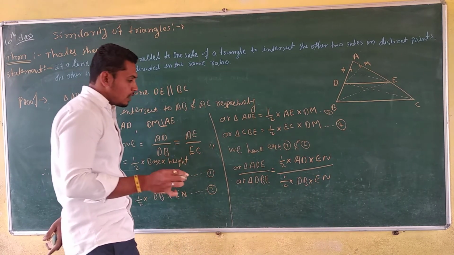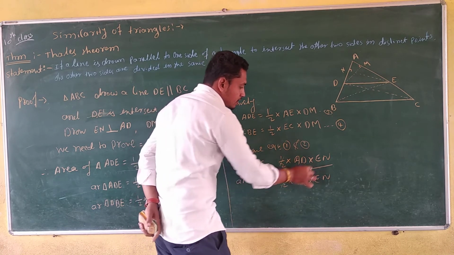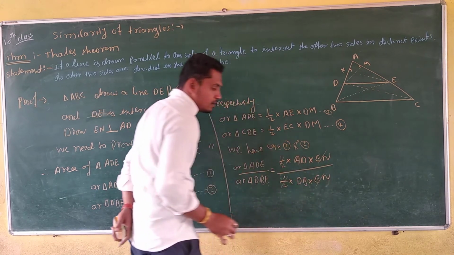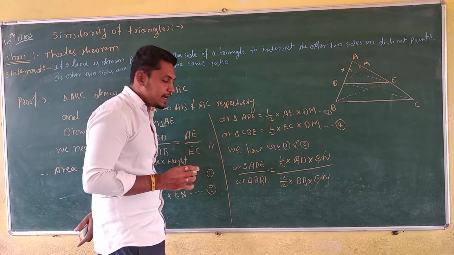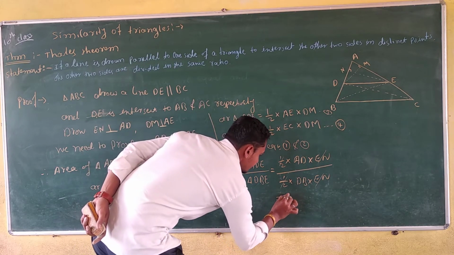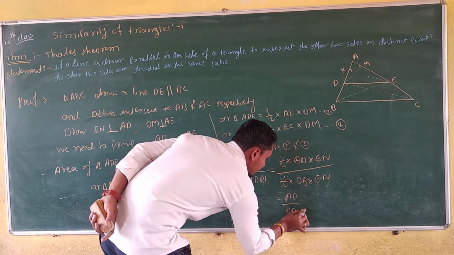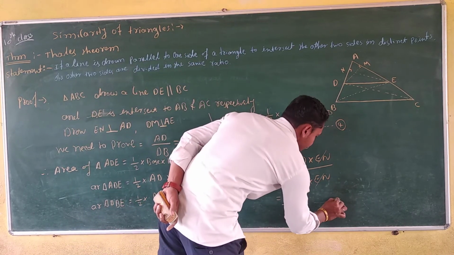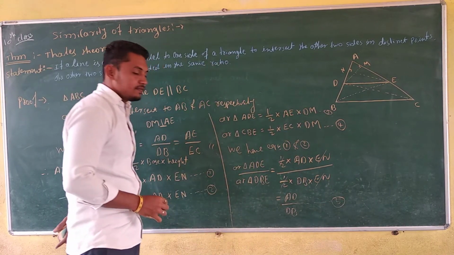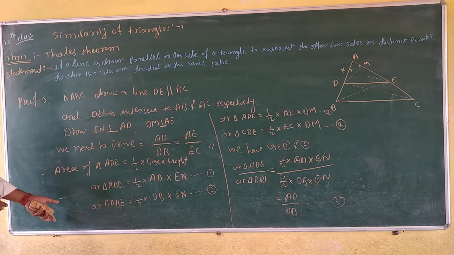Is it right? Now let us simplify. 1 divided by 2 and 1 divided by 2 get cancelled. EN gets cancelled. The remaining term is AD divided by DB. Right? This is equation number 5. You can write equation number 5. Please note down this side.